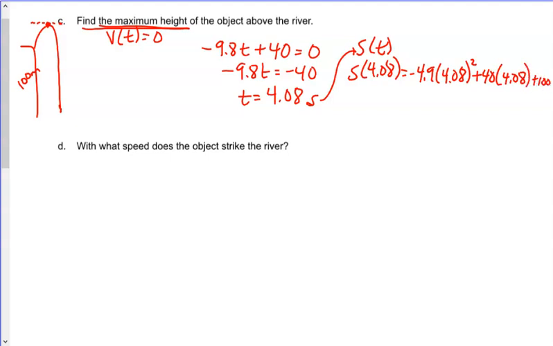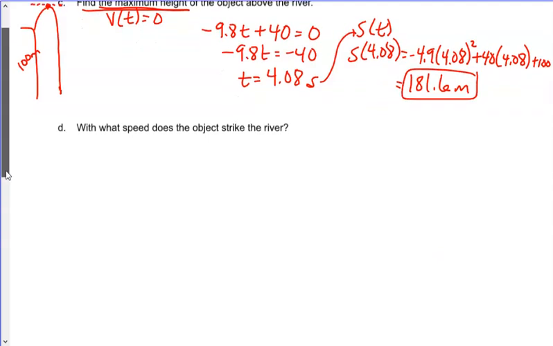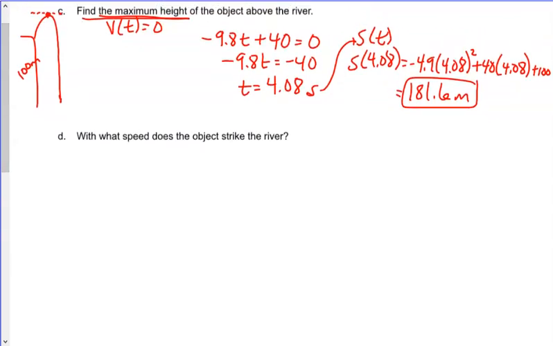And this is the time that I encourage you to go to your scientific calculator or to your graphing calculator and throw that all in and kick out 181.6 meters as my final answer for that question. So we've kind of done these questions before. It's just making sure that you remember the stipulations and what conditions are needed for that.